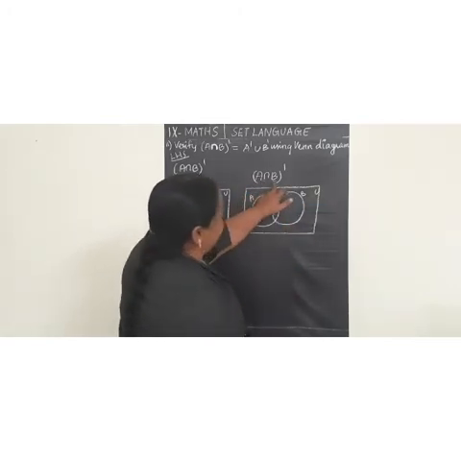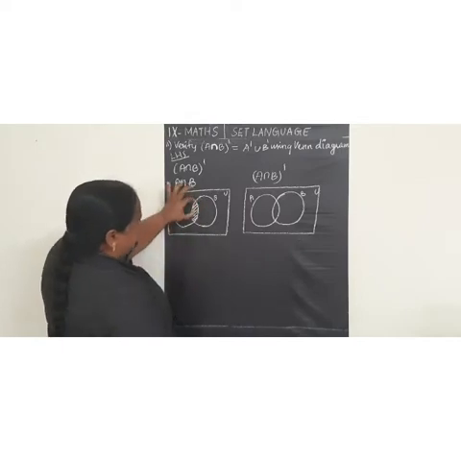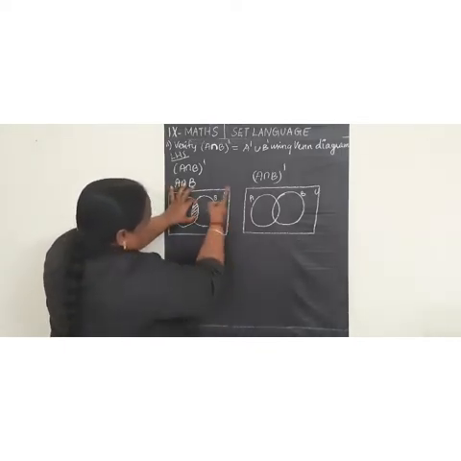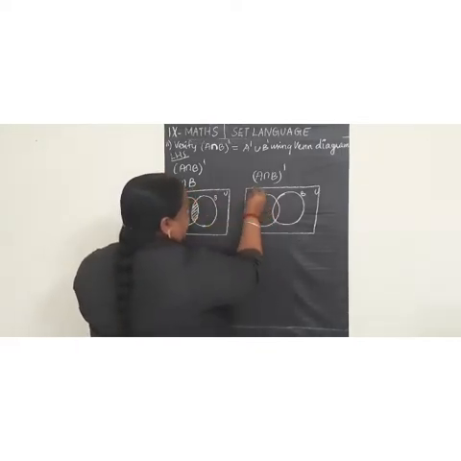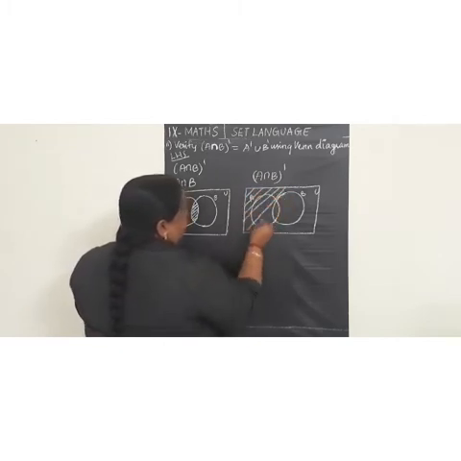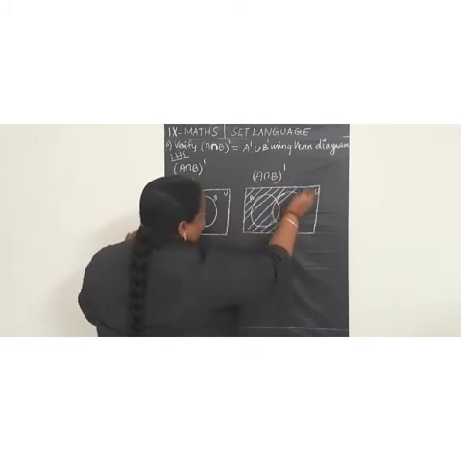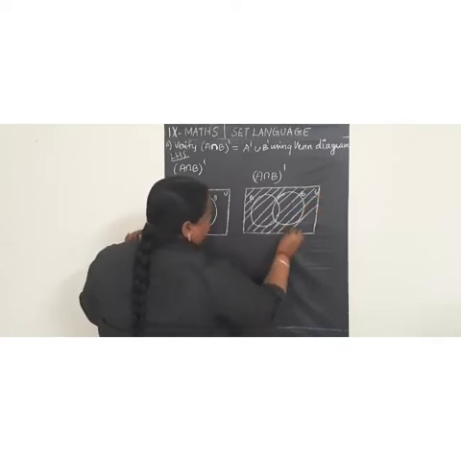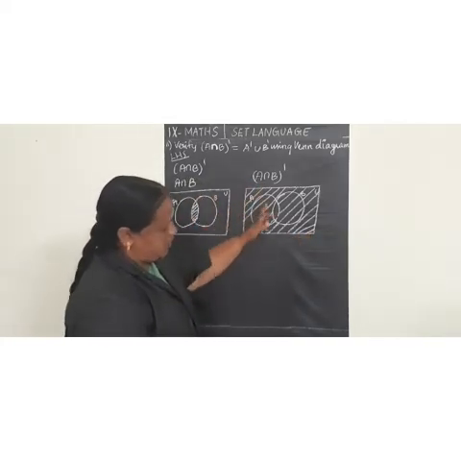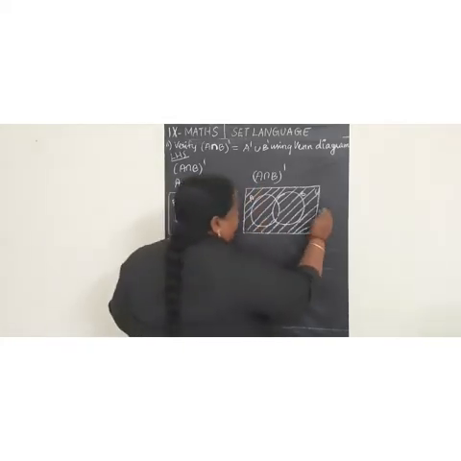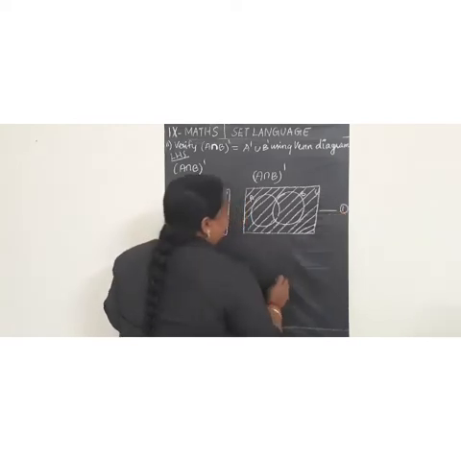Now this intersection part we have to leave, and the remaining parts we have to shade. So A intersection B the whole dash is equal to this diagram. We have to mark this as equation 1.